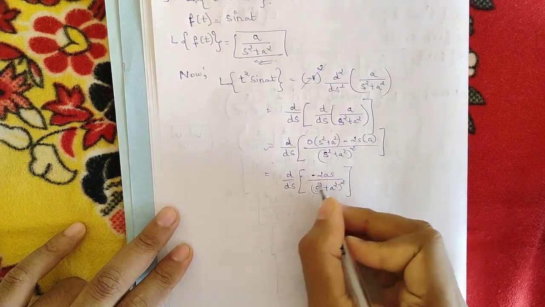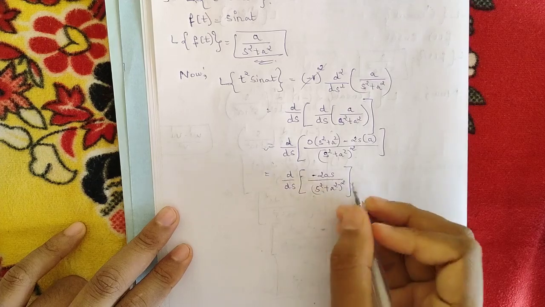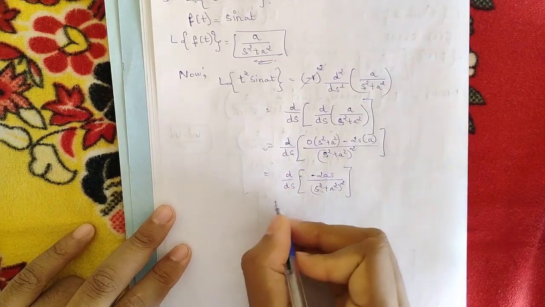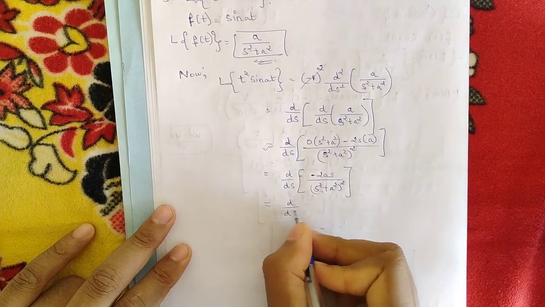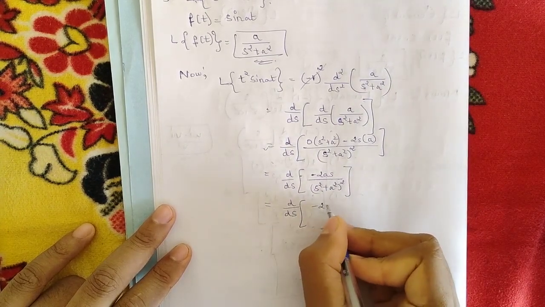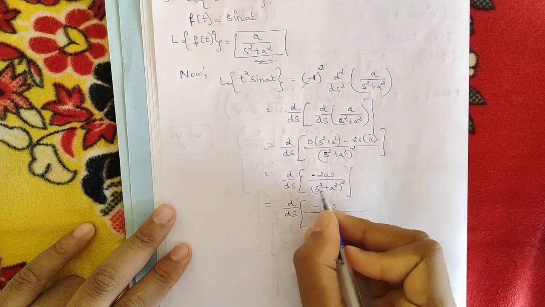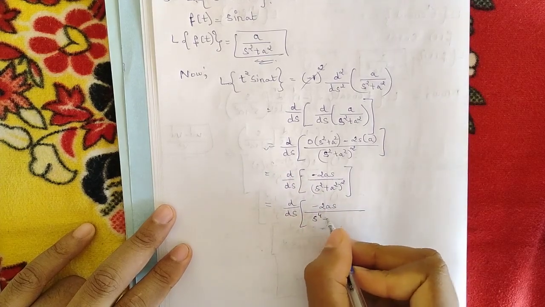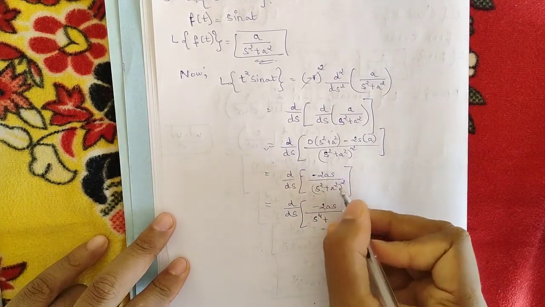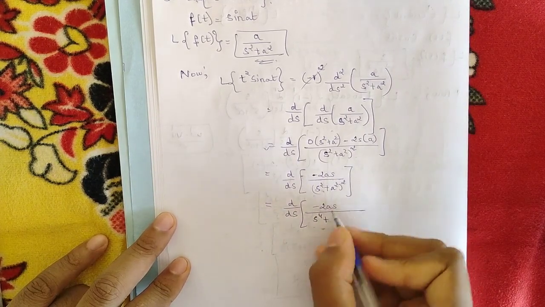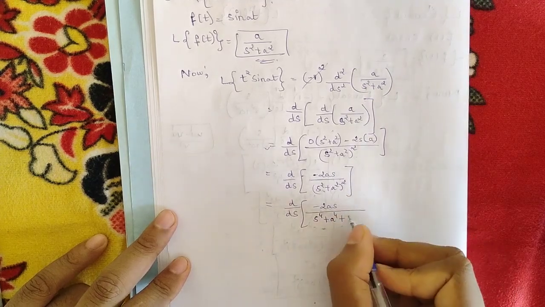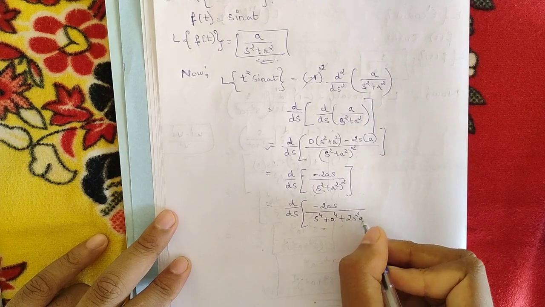Okay, so we can split this part here, (s square plus a square) the whole square, this is of the form (a plus b) the whole square, right? So we could write it as d by ds into minus 2as divided by s square the whole square, that is s to the power 4, plus b square, that is a square the whole square, a to the power 4, plus 2ab, that is 2 into s square a square.